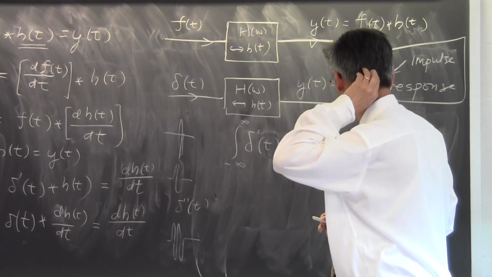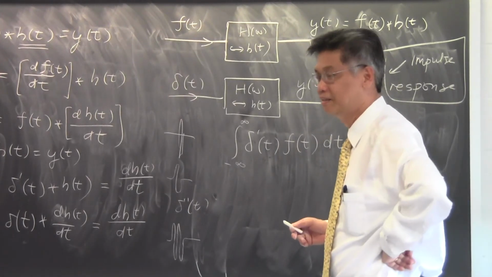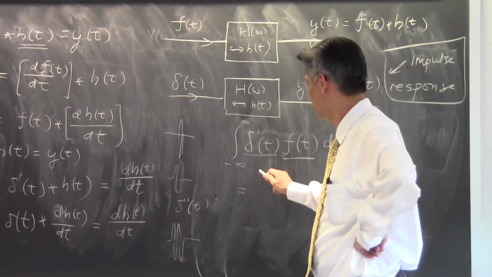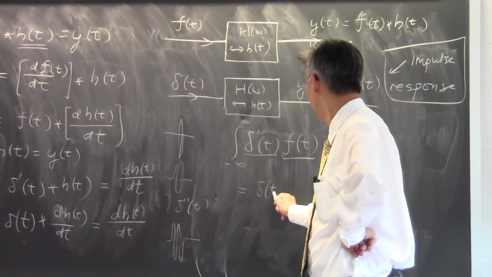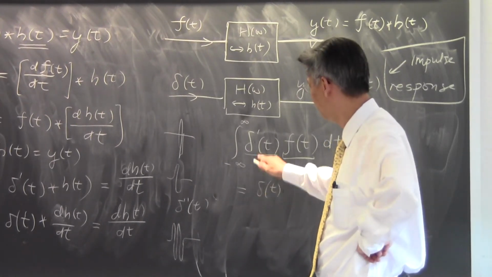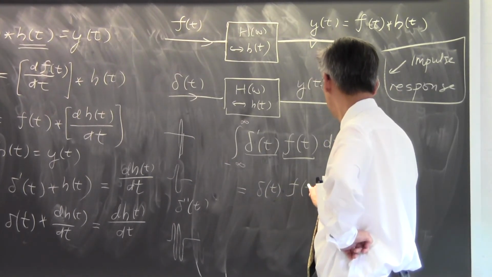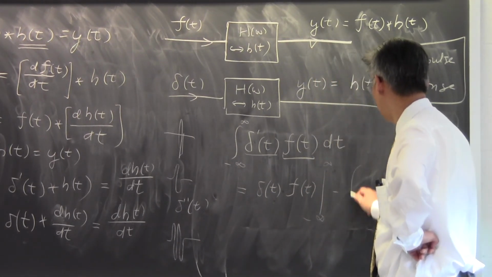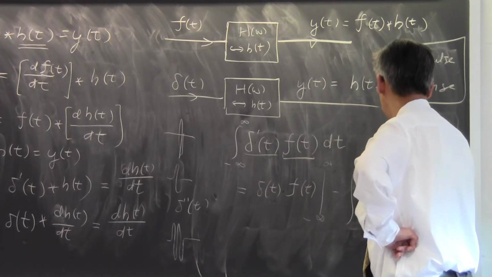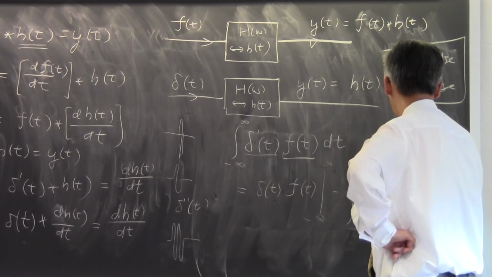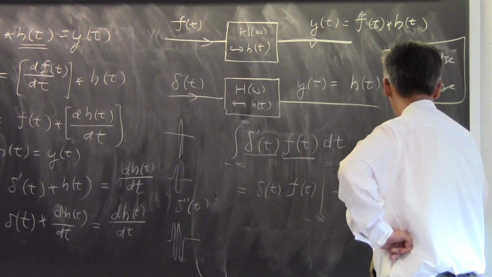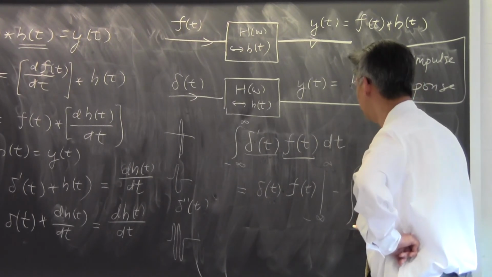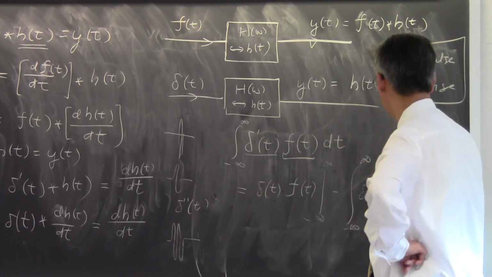And then we did integration by parts before, right? This is a product of two functions. So using integration by parts, you integrate the first term, you get delta t, because delta prime t is defined to be the derivative of this. And then you evaluate it at two endpoints, and then you take this integration, and using the rule of integration by parts, you have to differentiate the second function, and then integrate this.